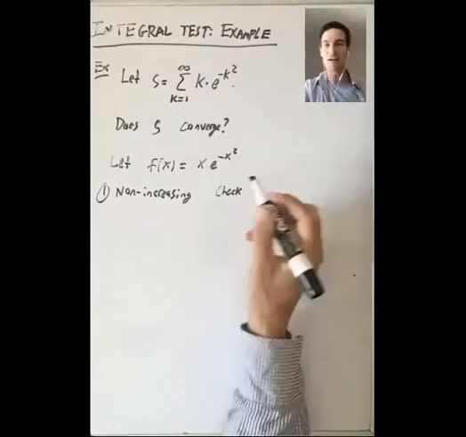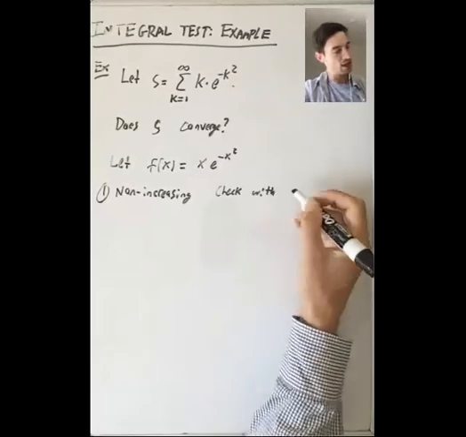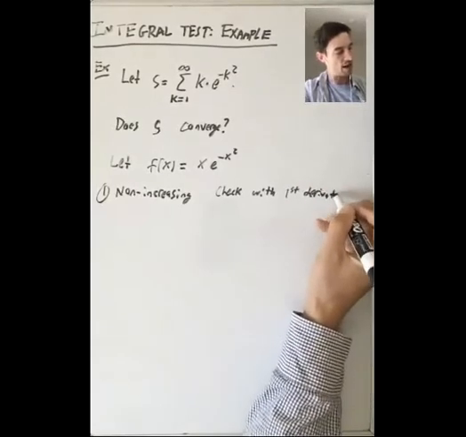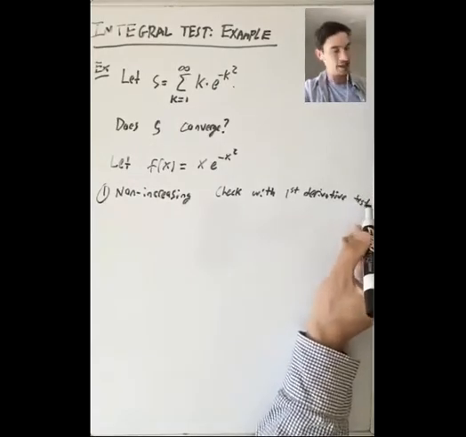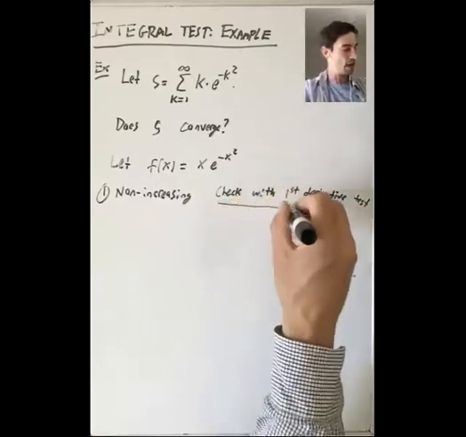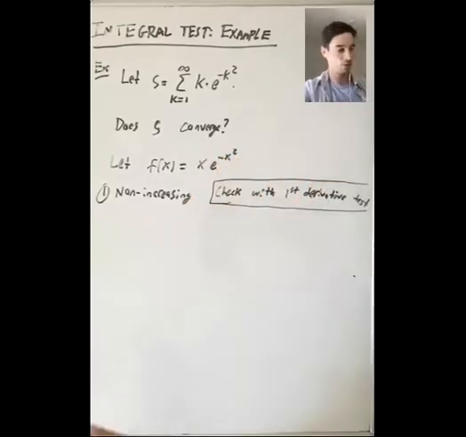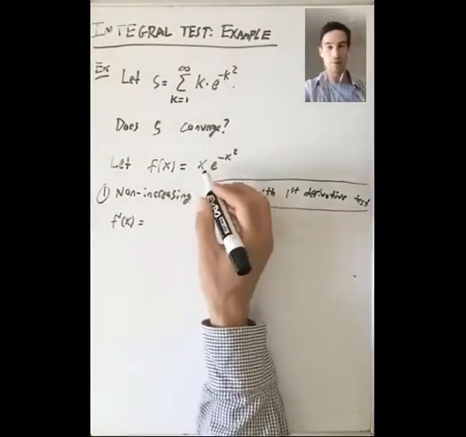Well, how do you check if a function is increasing or decreasing? You check with the first derivative test from Math 2A, by computing its first derivative and seeing if it's positive or negative. So what is f prime of x? We'll apply the product rule.